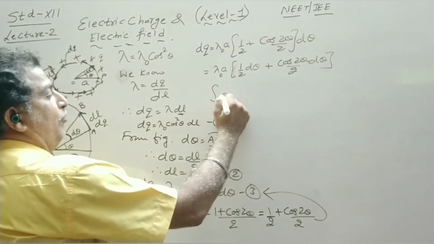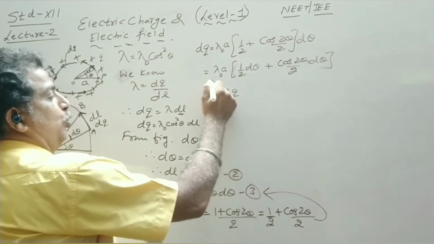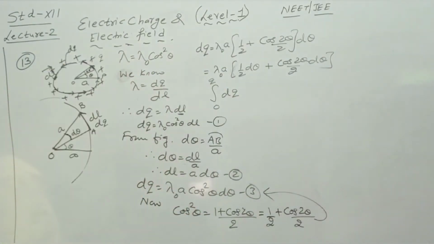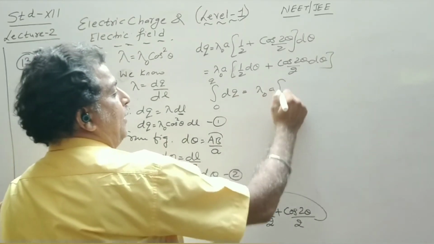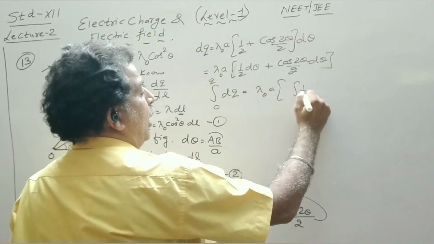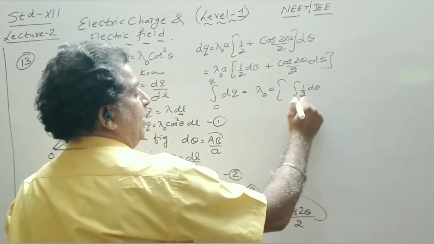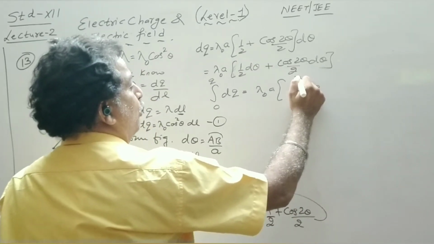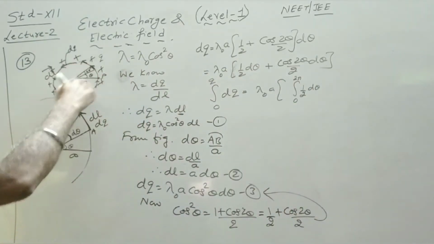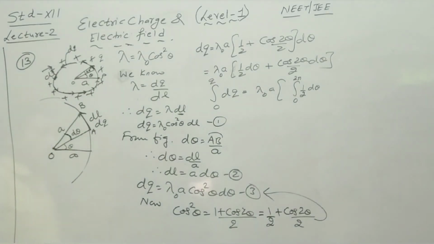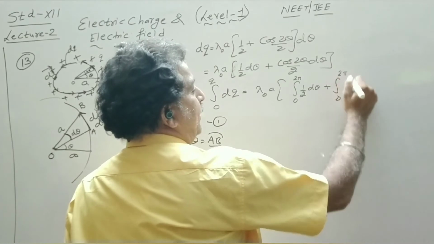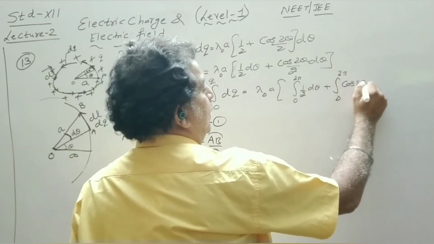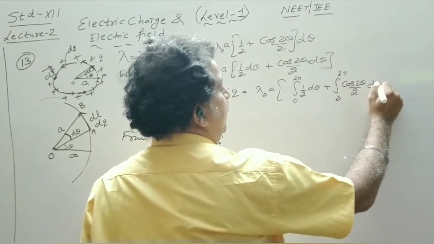So, integration of dq, limit 0 to q, total charge is q, is equal to lambda naught A integration half d theta, limit is 0 to 2 pi, that is the entire circumference of the circle, plus integration 0 to 2 pi cos 2 theta by 2 d theta.